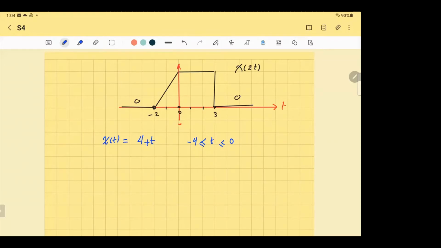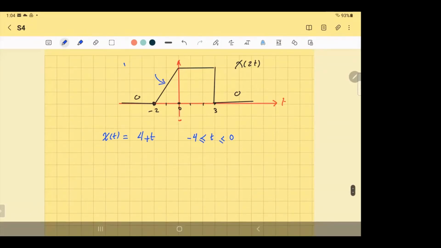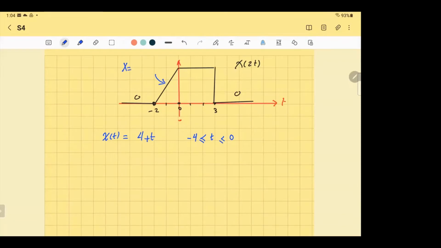So how do you do it for the new one? What is the equation of this one? Let's look at the equation of this one and discover what's happening. The equation of this one, x will be equal to 4. This one is still 4. And the slope now is 4 over 2, that's 2t. Right?